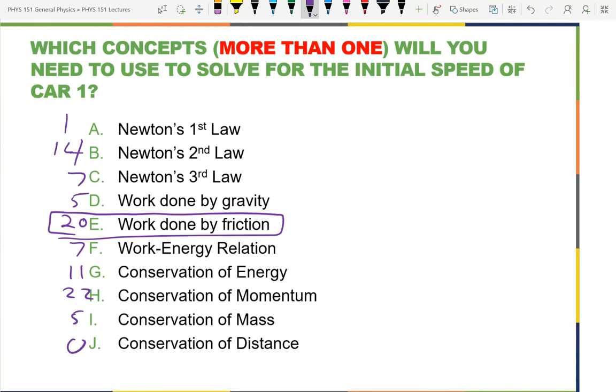Next up, Peter. I think Newton's second law because we're looking for the initial force. It's actually not looking for the initial force.